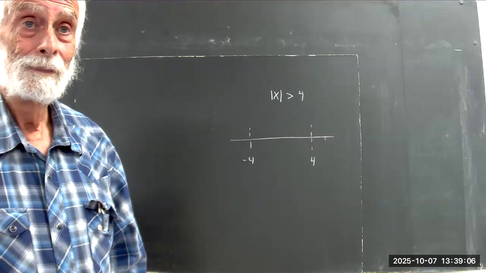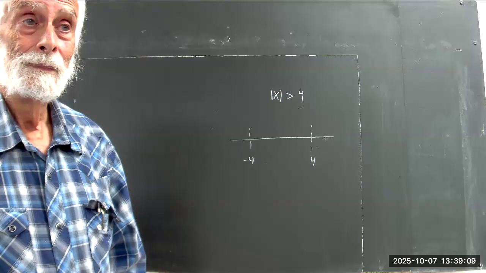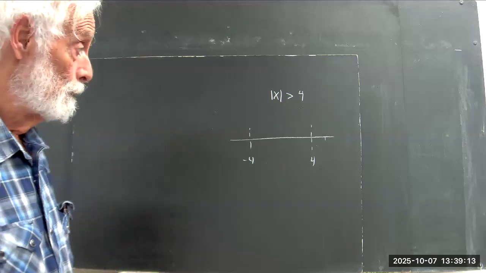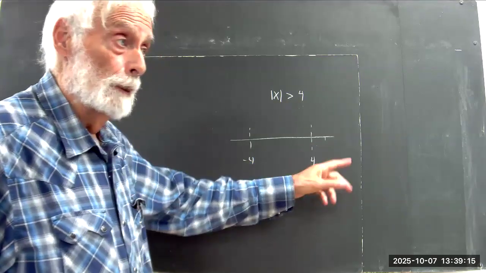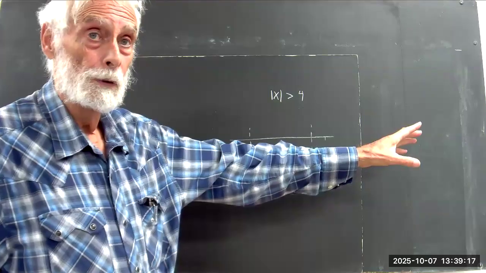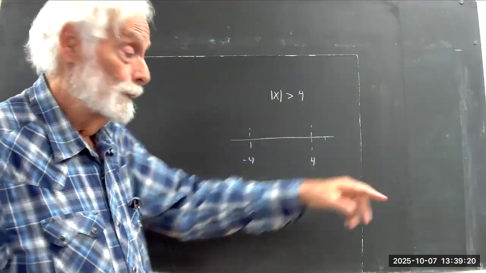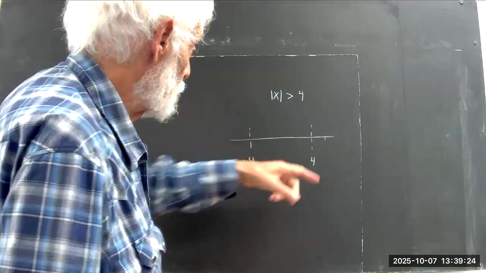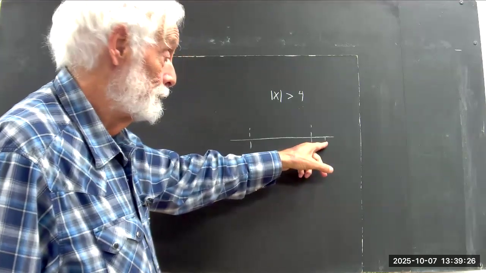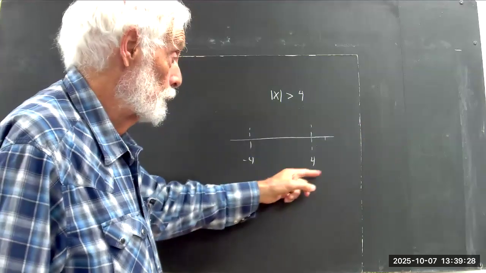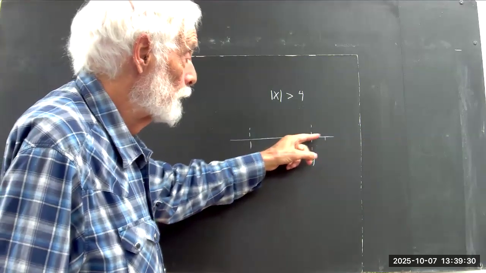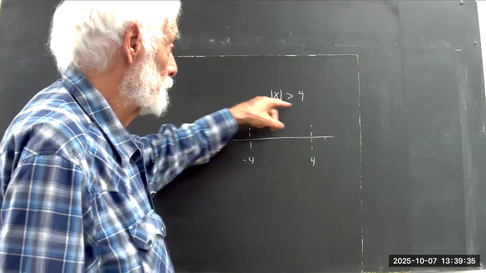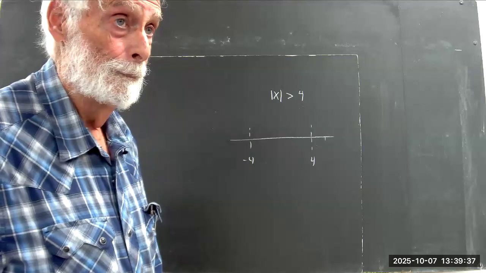Vote. Okay, some of you aren't voting. Well, that's greater than 4. Greater than means it's to the right of the number on the number line. The greater numbers go that way. So that number would be on it. And any number to the right of 4 would be on it, because every number greater than 4 is going to give you an absolute value greater than 4, right?